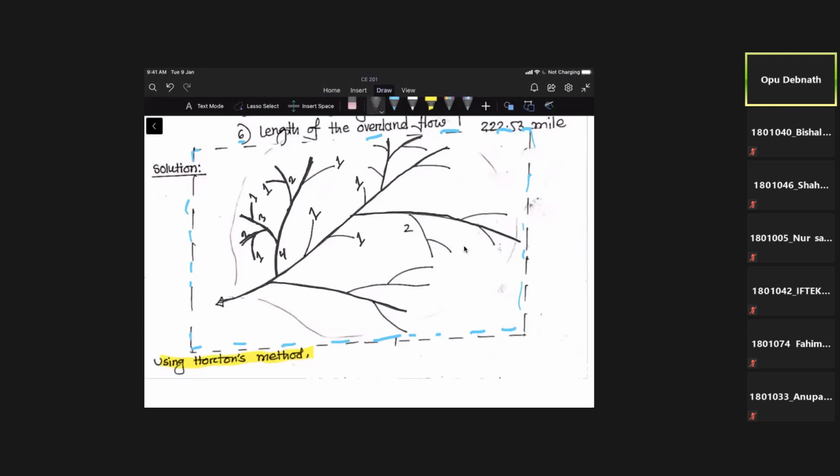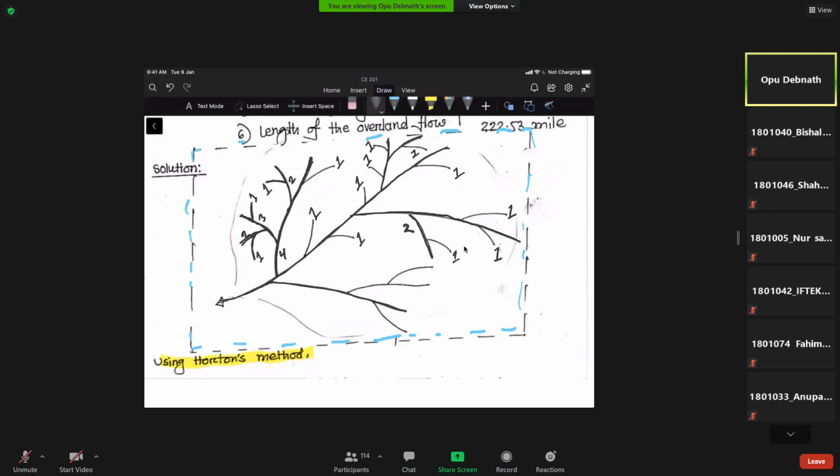Similarly, if we go for other tributaries, this is a single tributary, so this will be 1, this is another single one, this will be 1. All the single tributaries, no confusion, will always be 1. This is also 1. As this is 1, this tributary is 1 and this must be 2. If this is 2, this must be 3.